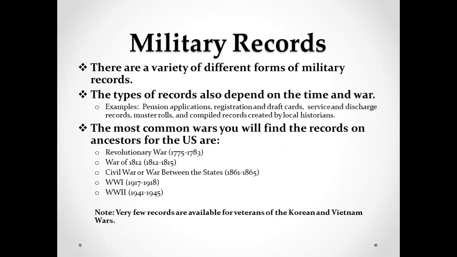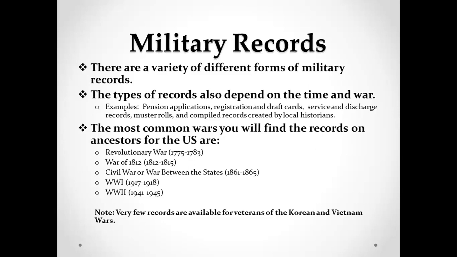Military records, there's again a variety of records for these. The types of records depend on the time and the war. The first records are going to be mostly all handwritten and very difficult to dig through, and it makes it even more difficult considering so many of those men had the same name.